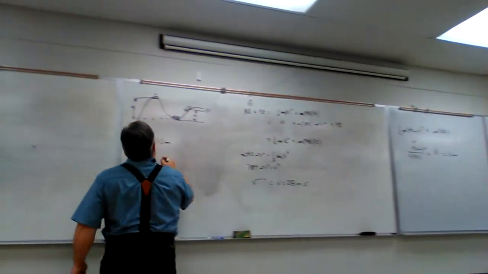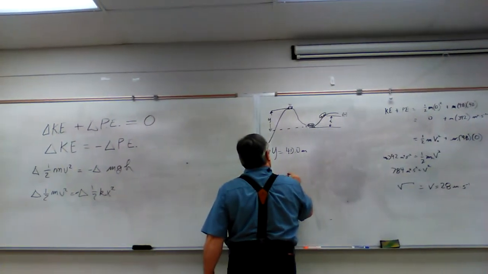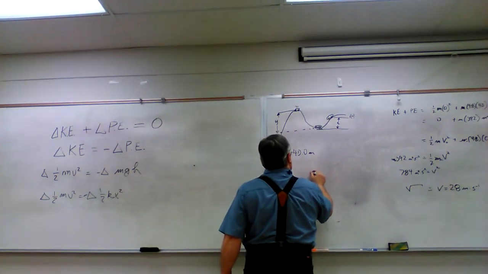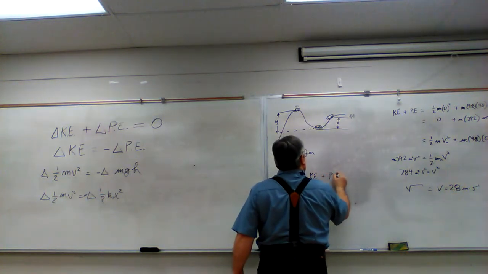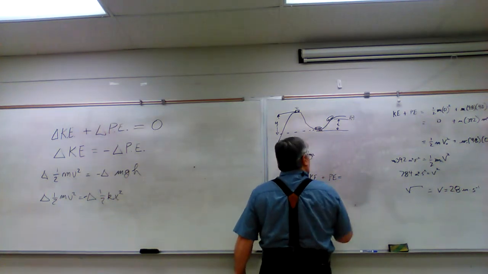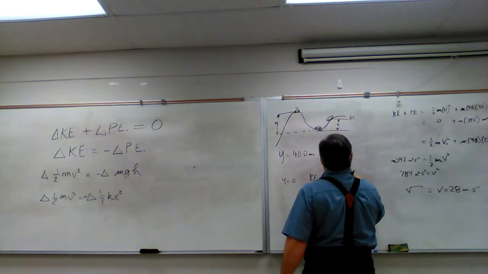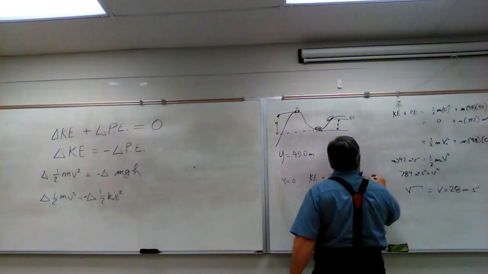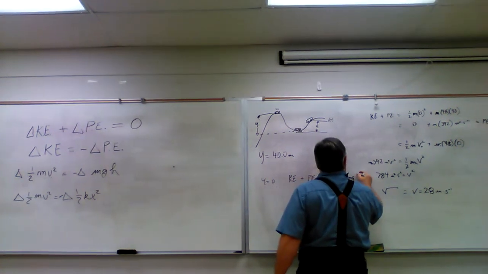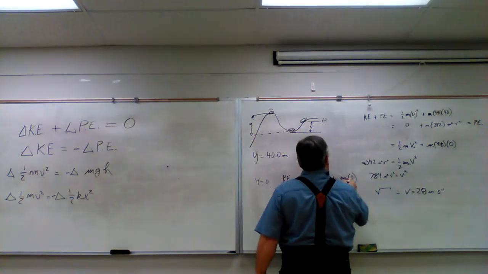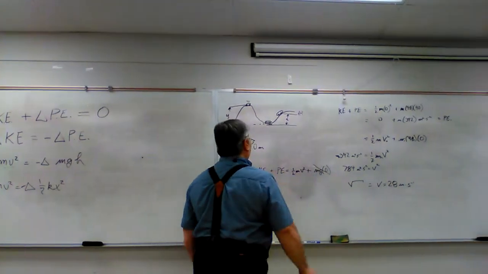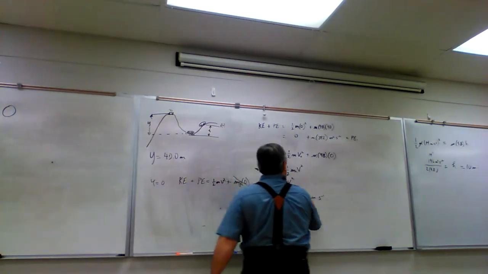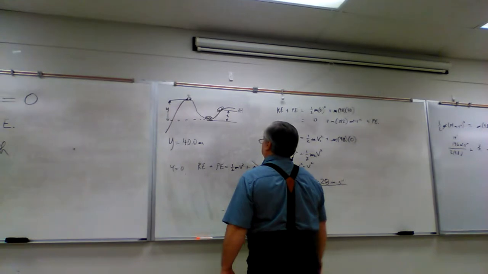Here at y equals 0, the kinetic energy plus potential energy is equal to 1/2 mv squared plus mg times 0. So its total energy is this kinetic energy.